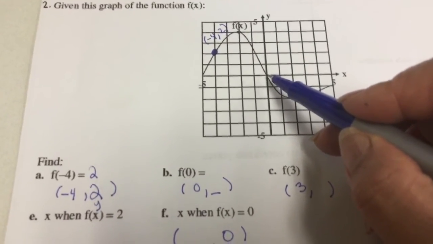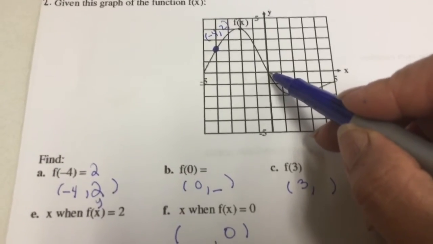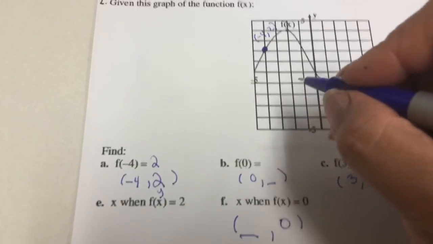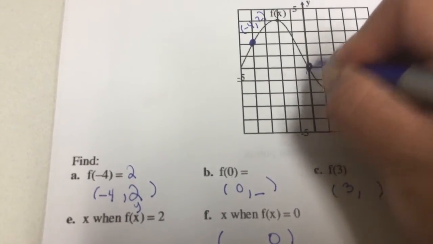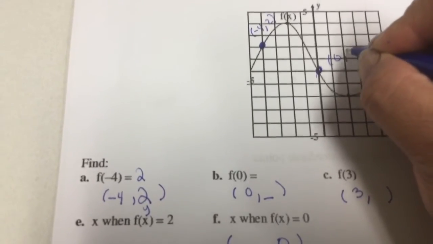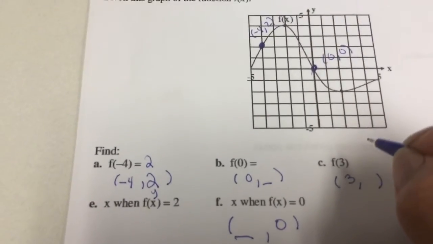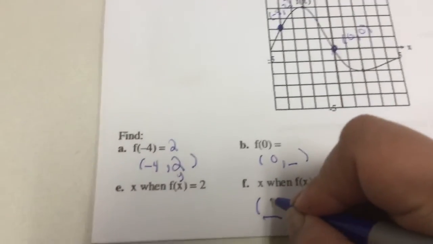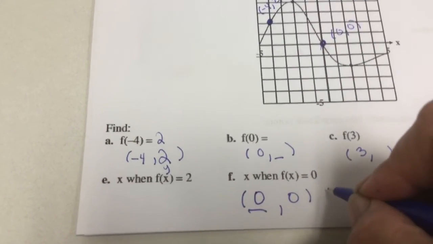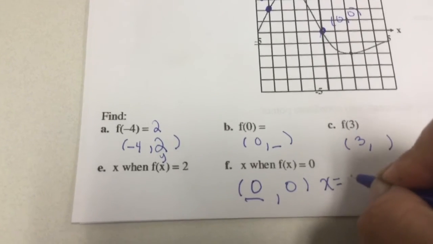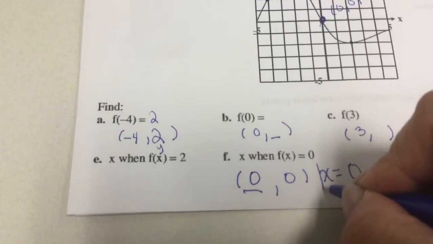And when my Y equals 0, my X also equals 0. Right at this point, I'm going to write my ordered pair, and guess what? That's the origin. So I'm writing my 0 there. So X equals 0.